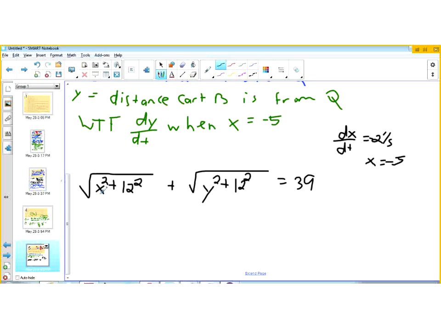When x is -5, if we plug in -5 and solve for y, we can find y.